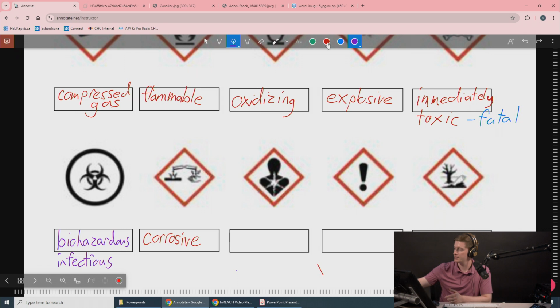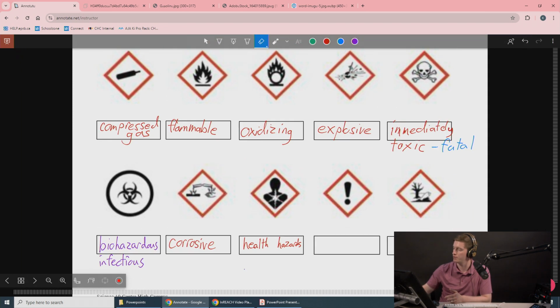Over here, this next symbol, these are health hazards. These materials are also toxic, but unlike the skull and crossbones, the health hazard category does not have the immediate effect upon however the toxin enters the body, whether it's breathed or absorbed through the skin or ingested.